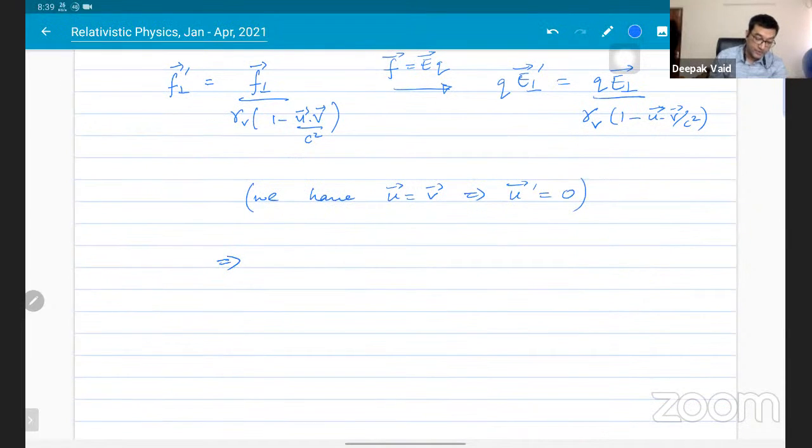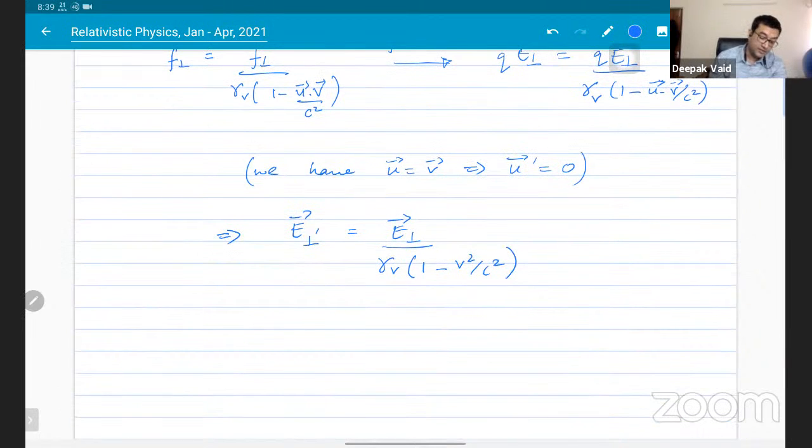So if you substitute this expression in here, what do you get? You get Q. Again, Q will cancel out, right? You get E perpendicular prime is equal to E perpendicular divided by gamma V times 1 minus V square by C square, right? Now, what is 1 minus V square by C square?